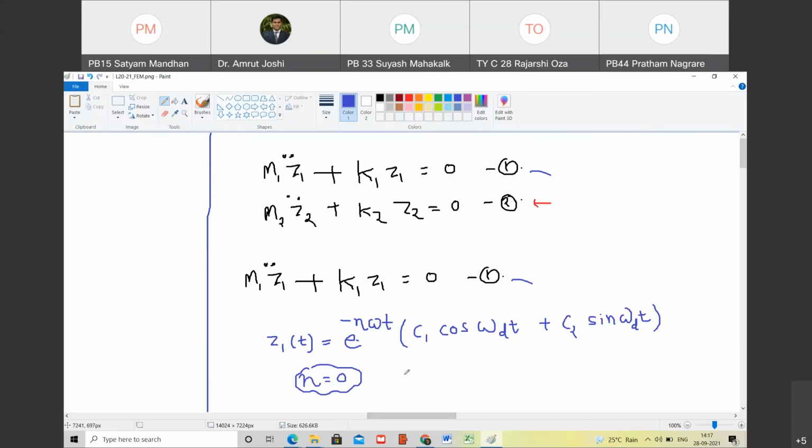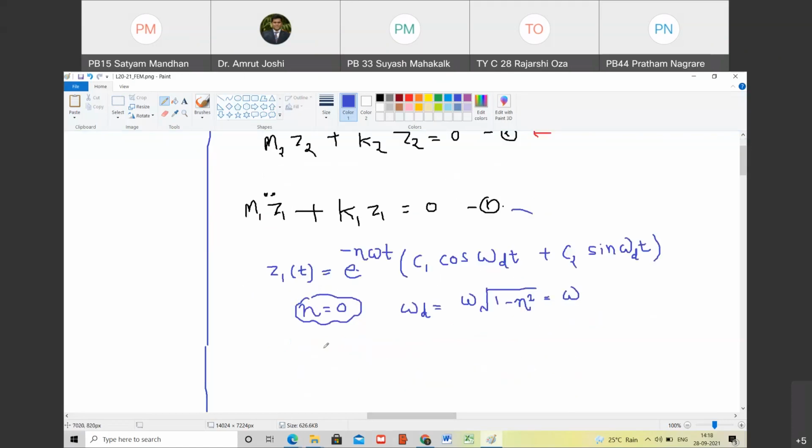The moment eta equals 0, omega d, which is equal to omega into square root of 1 minus eta square, becomes equal to omega. Do you agree with me? Yes, sir. So therefore, omega d is omega, eta is 0, and omega is equal to root k by m.